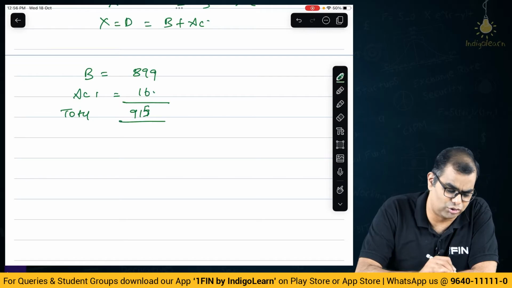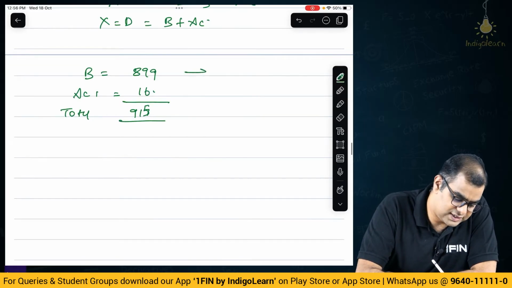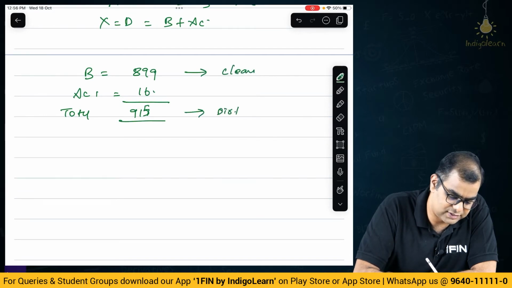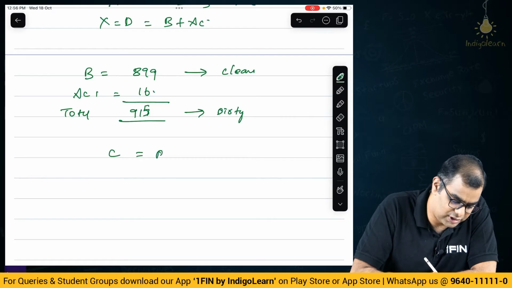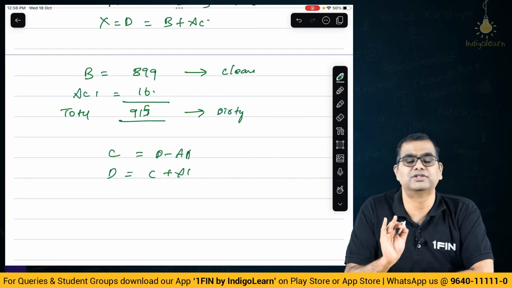I am rounding off, just do not go by the exact numbers, I do not want to get into that logic discussion. So, this is known as clean price, this is known as dirty price. Clean is equal to dirty minus accrued interest, dirty is equal to clean plus accrued interest. That is how we compare.